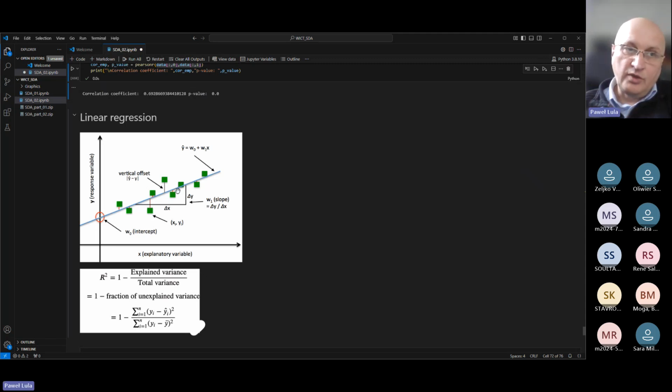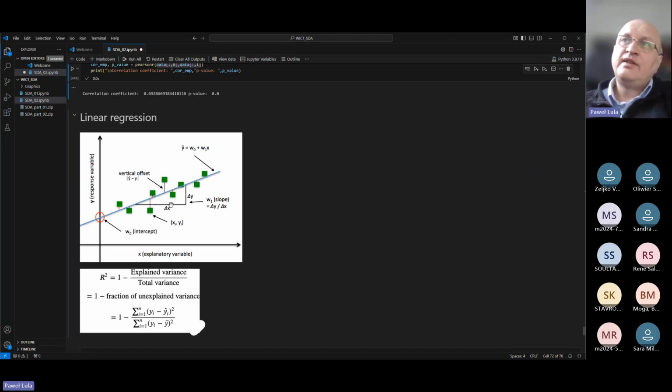All objects in our data set are located along this line, and we want to find the equation describing this line.